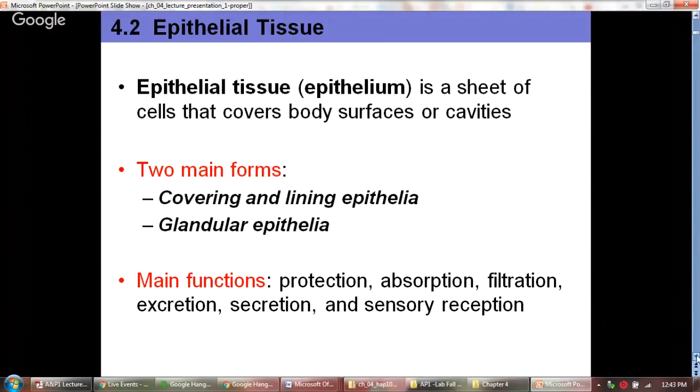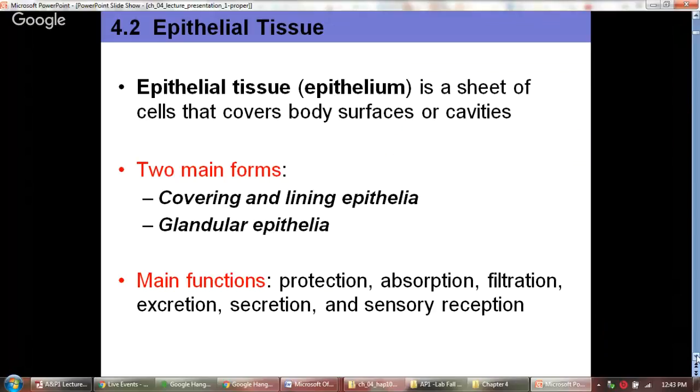So let's talk about the epithelial tissues first. The epithelial tissue, or epithelium, is a sheet of cells which covers the body surfaces or cavities. There are two main forms: covering and lining epithelia, or glandular epithelia.